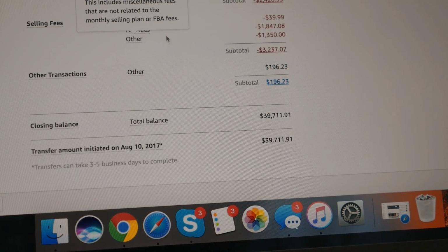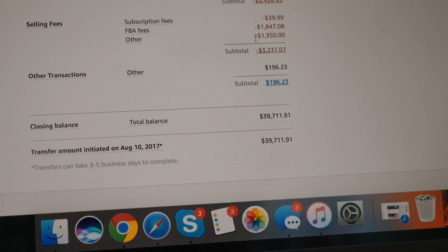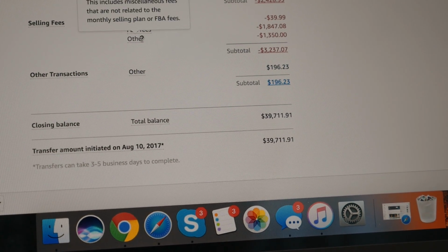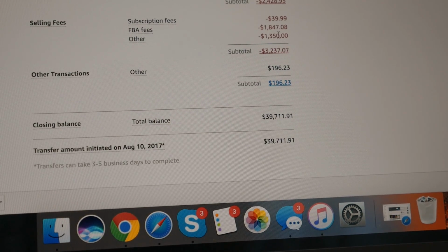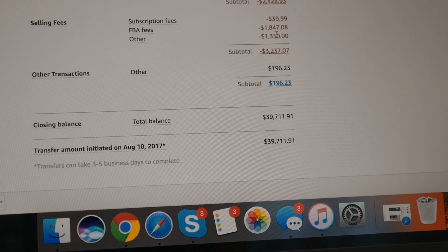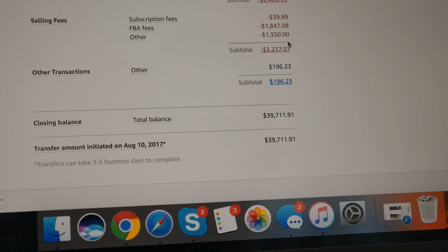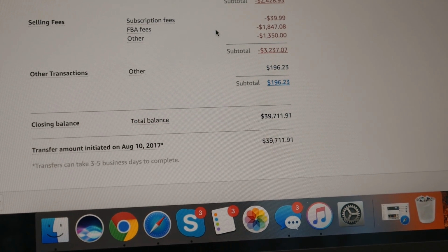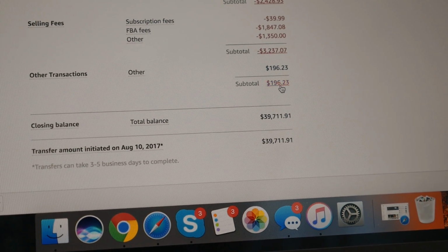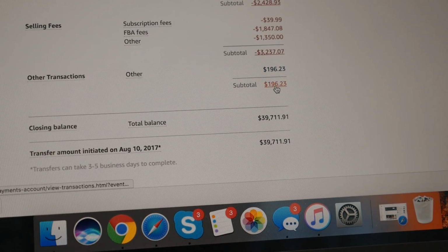Other, I don't even know what the other fees are right now, I'd have to look into that, but $1,350 to other fees. It's probably lightning deals because this is divisible by 150, and 150 is how much a lightning deal costs to run. And other, 196. Cool, I'll take it.